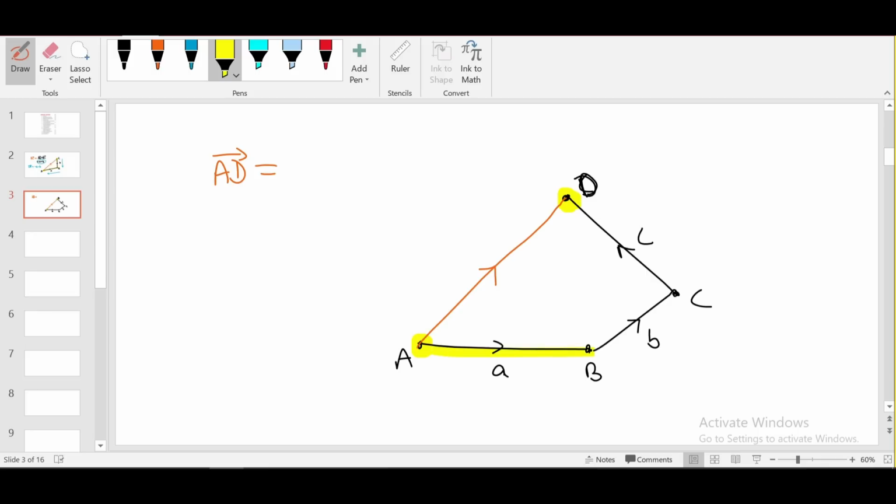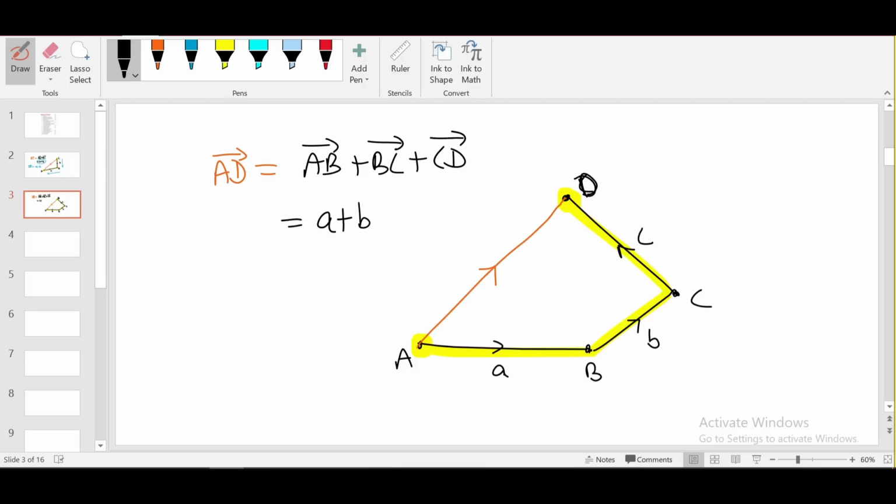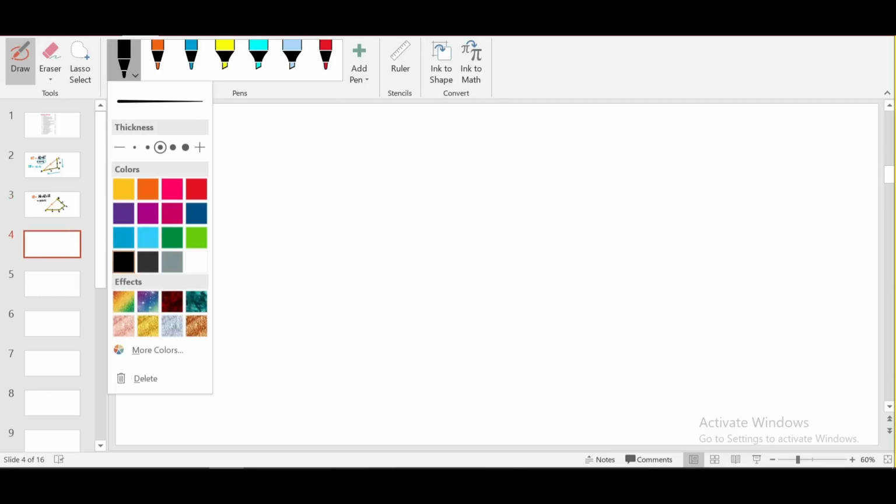That's A, B, C, D. If you are going in the same direction as the vectors, take it as positive. So first write using vertices: AB plus BC plus CD, so it's going to be a plus b plus c. Copy that. It works for any shape.